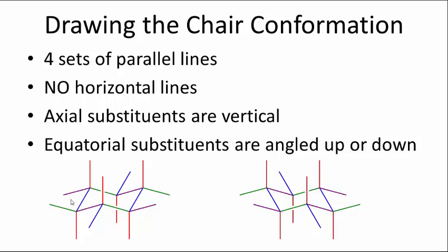So if you look at these two, the way I've drawn them on the board, at each carbon, and it might be a little easier to see if I turn out the lights for a minute. At each carbon, I've got a red bond, which goes straight up or straight down. I've got a green bond, which is going at an angle here.